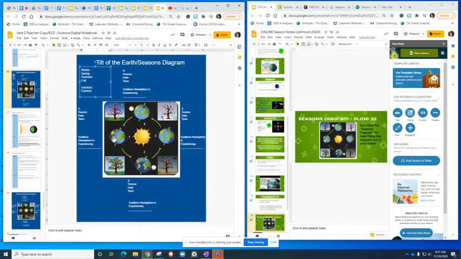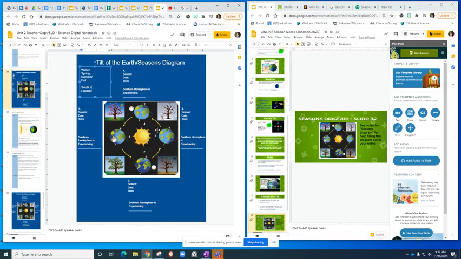And then as you revolve around the sun, we get here to number 3, and we can see that whereas the northern hemisphere over here was tilted toward the sun, now the northern hemisphere over on this side is tilting away from the sun.